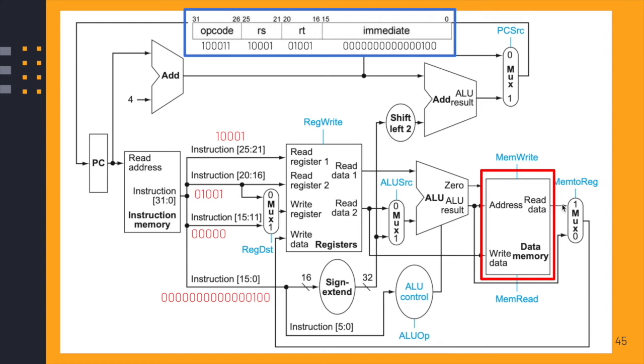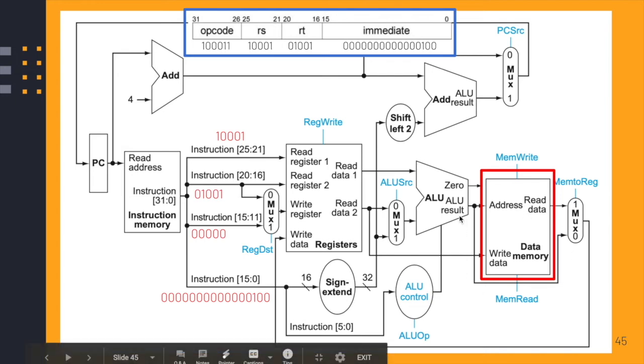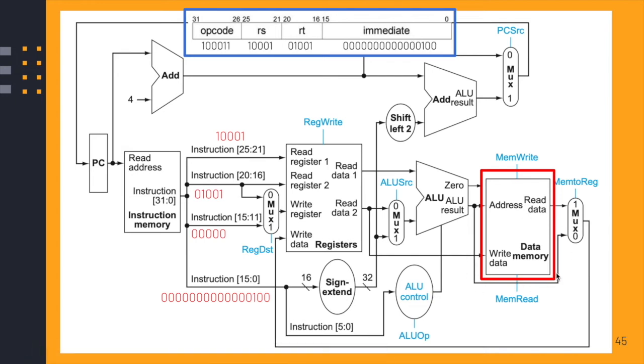So this line will contain the value I want to read, and then we will have this multiplexer, which is the beginning of the write back stage. And as you can see, this multiplexer will allow only one value to pass, whether the read data value or the ALU result. In this situation, in a load word instruction, do we need the ALU result?